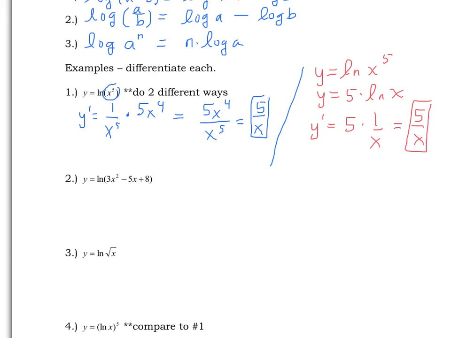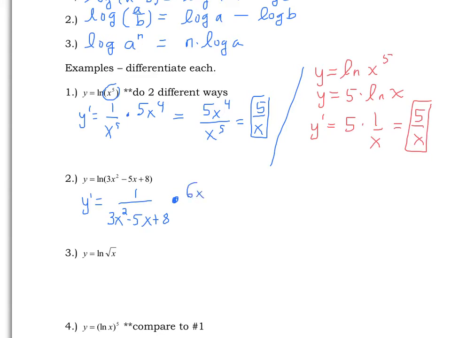Second one here, there's no log property that we can do. Please make a note, if you need to, that you cannot distribute an ln to these three terms. Instead, all we can do is to do 1 over the inside function, so 3x squared minus 5x plus 8, and then we multiply by the derivative of that inside function. That's what we call the chain rule.